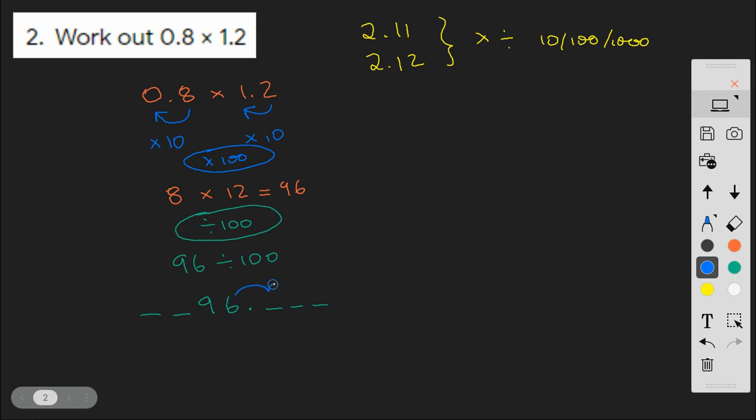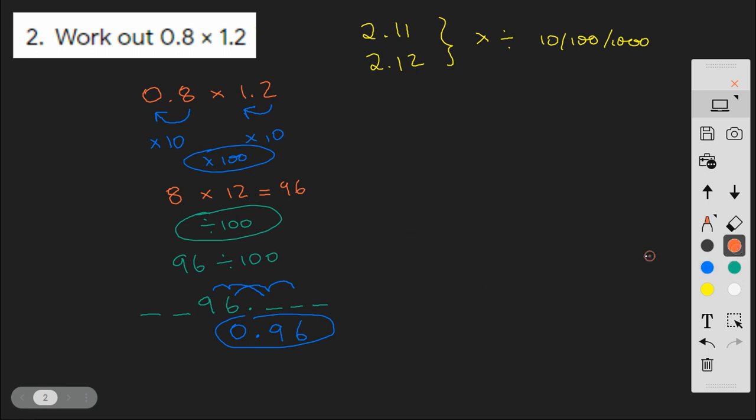So 1, 2, my 6 is here. My 9, 1, 2, so that's there. So getting my placeholder and decimal point in, my answer is 0.96.